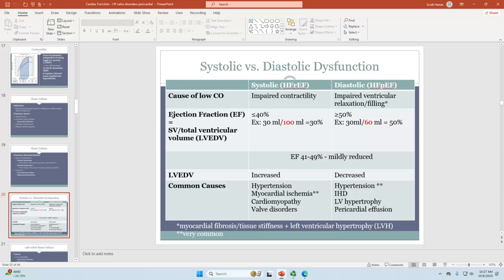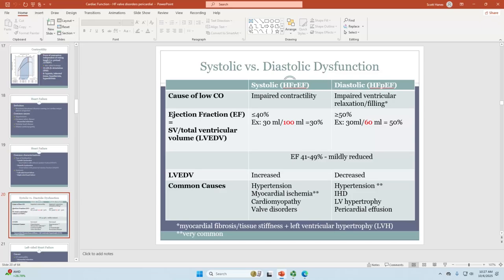In diastolic heart failure, it doesn't fully relax, so the space is smaller. But in this example, we're ejecting 30 mLs in each, so the stroke volume is actually the same. But the end diastolic volume is different. Here it's 100 mLs, here it's 60.